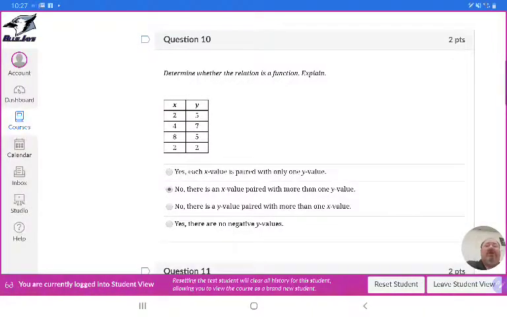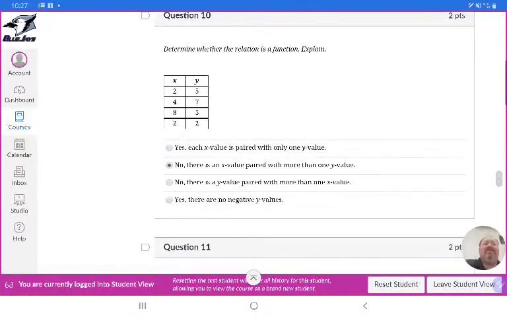So the 2 is paired with 5 and the 2 is paired with 2, okay? So the way that you've got to think about a function, if I plug something in for X, it's got to shoot out a specific answer. In this case, if I plug in 2, it's going to shoot out two answers, a 5 and a 2. So that would be no function, okay? So if you have more than one of the same X, it's no function.